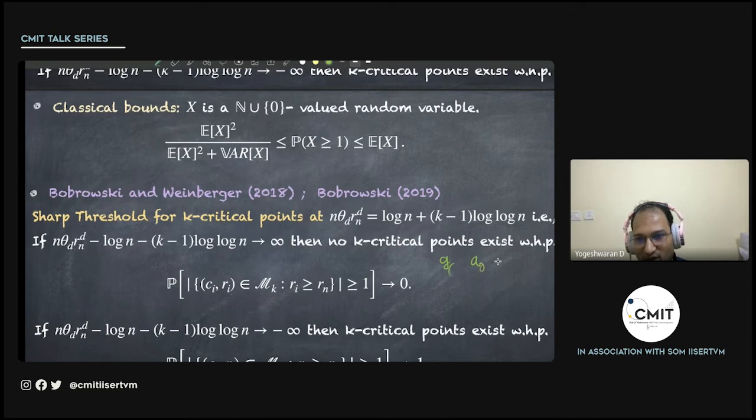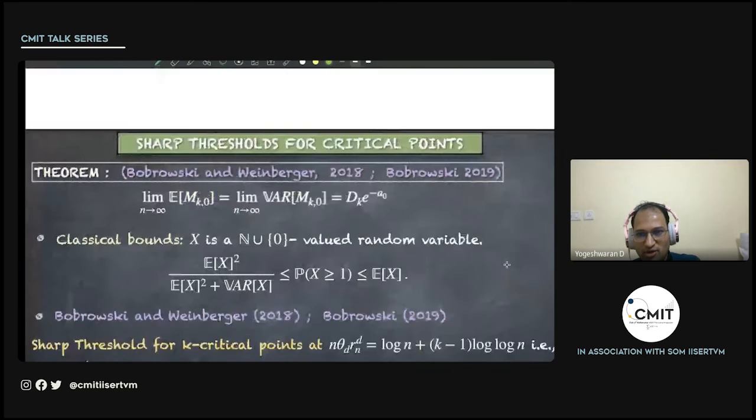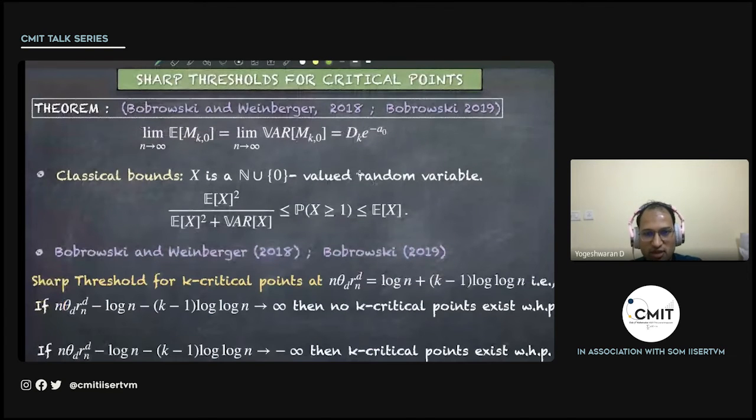Remember, if A naught goes to infinity, the expectation of mk naught goes to 0. So that implies this, along with this. Sorry for this back and forth. A naught going to infinity means the expectation of mk naught goes to 0.